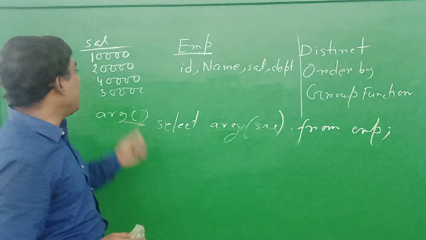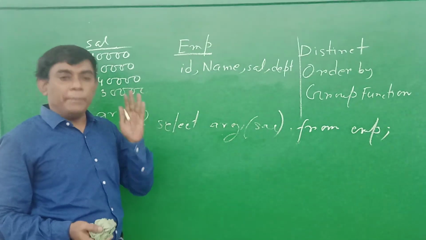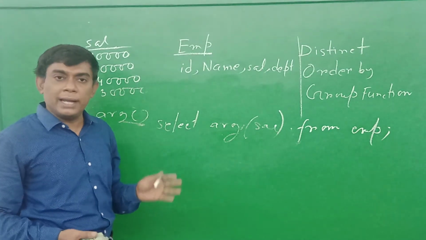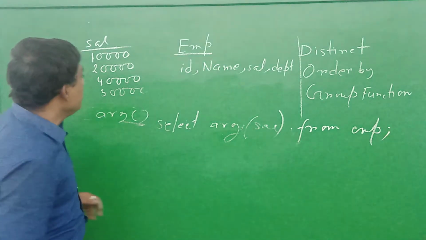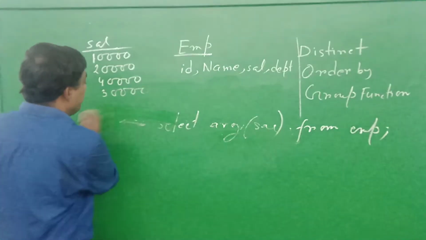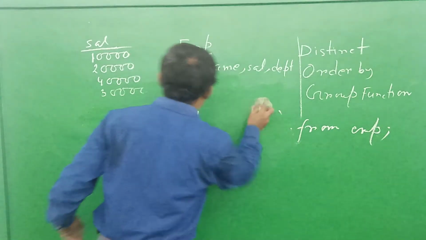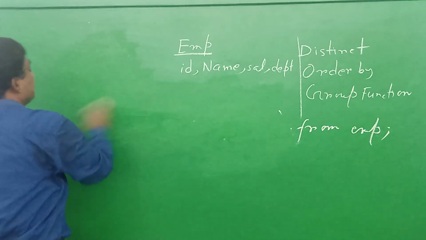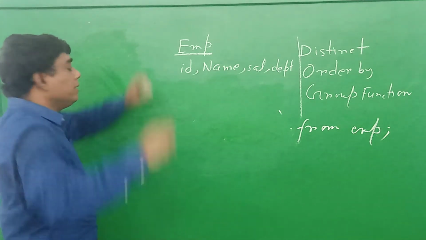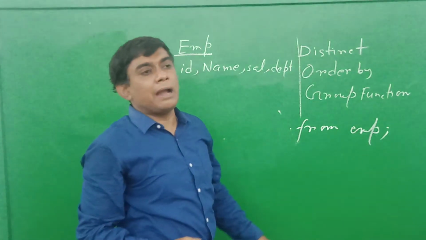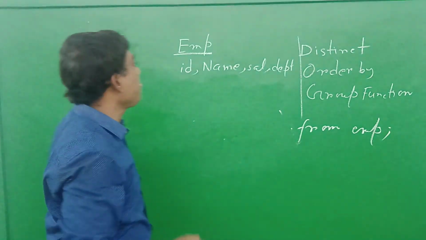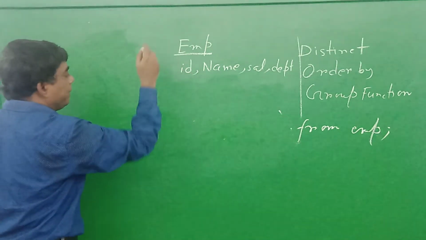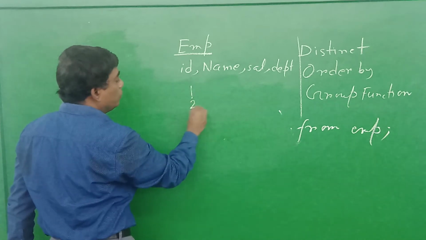Understood? So we have max function, we have min function, we have sum function. Last function is a count function. What is count? It will count the total number of records from a table. Suppose in the EMP table, there are 4 IDs: 1, 2, 3, 4.